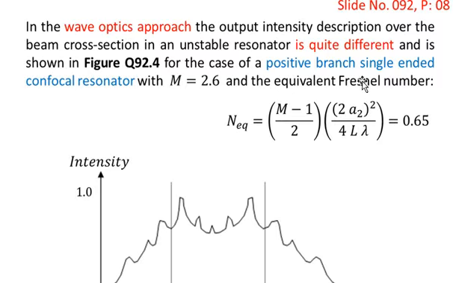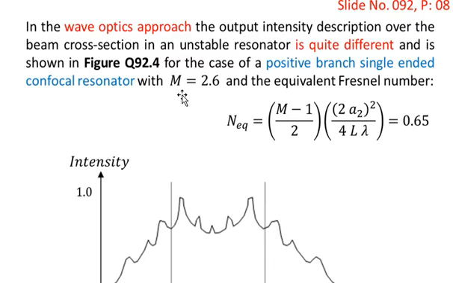For the case of a positive branch single-ended confocal resonator, you know that when we are talking about the positive branch, it means that either we are talking about the first quadrant where the product G1 G2 is greater than 1, or the third quadrant where the product of G1 and G2 is also greater than 1.